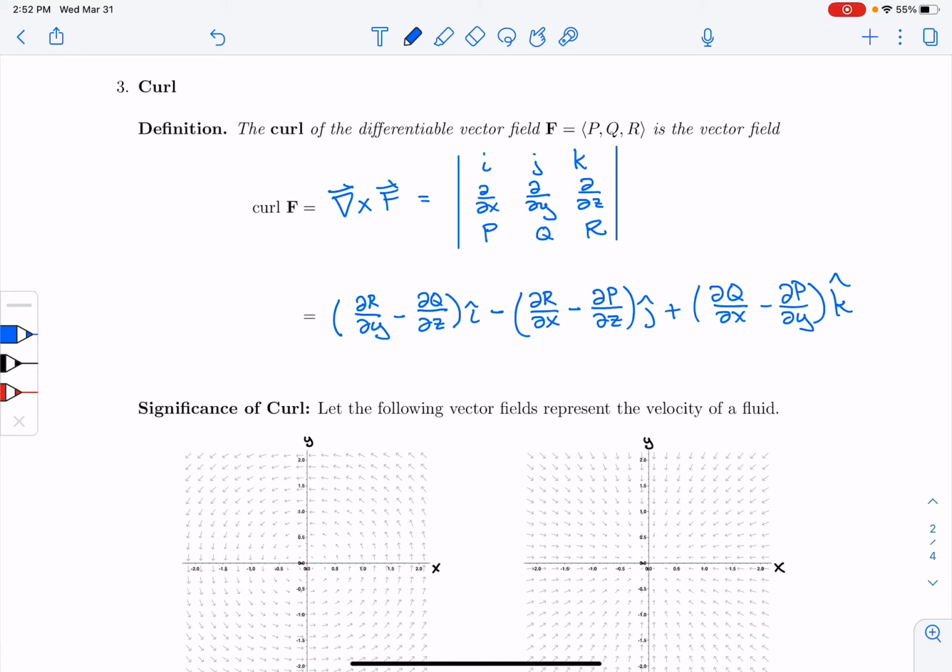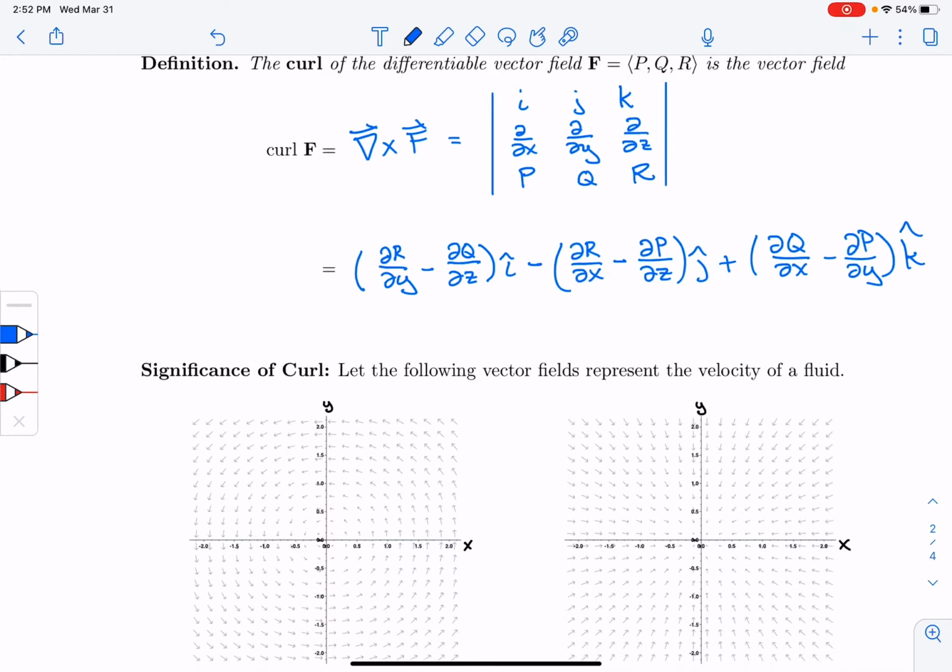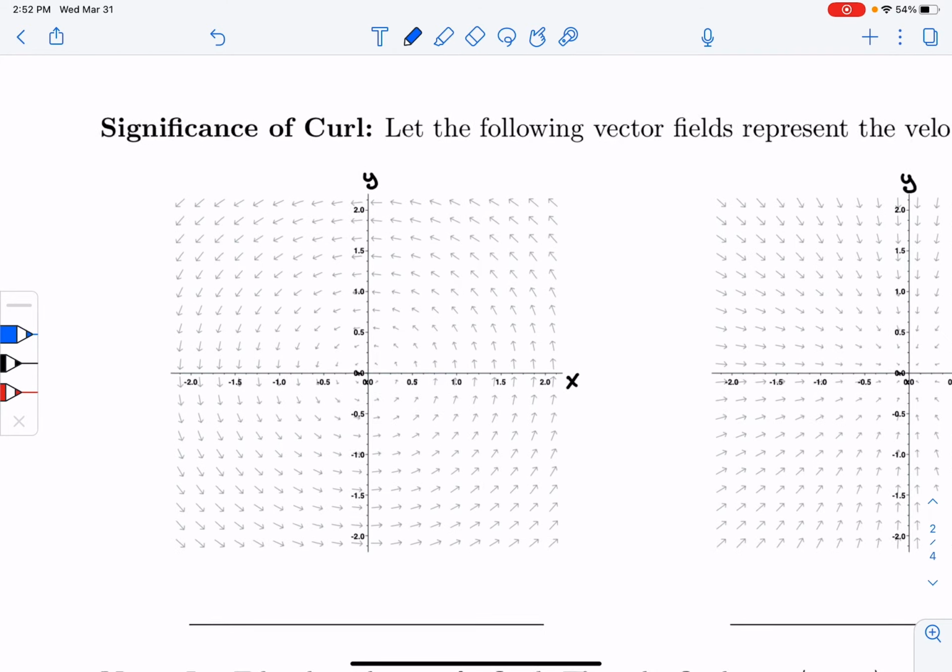So what is the significance of this curl, which itself is going to be a vector field? Well, let's look again in two dimensions and think about our vector fields as representing the velocity of a fluid. So in this case, we have the vector field P, Q, and say 0 for the z direction, and they're only functions now of x and y.